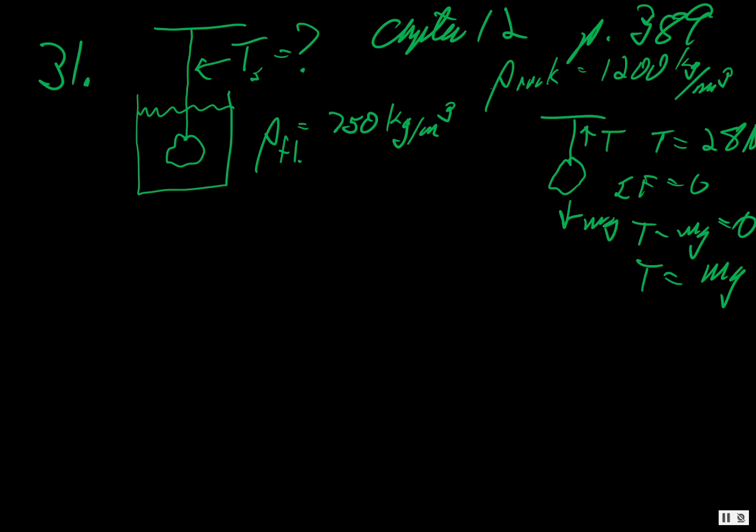Well, first of all, we need to remember, how do we find the buoyant force? Okay. All right. And we also need to do what? We need to find the volume of the rock. Okay.